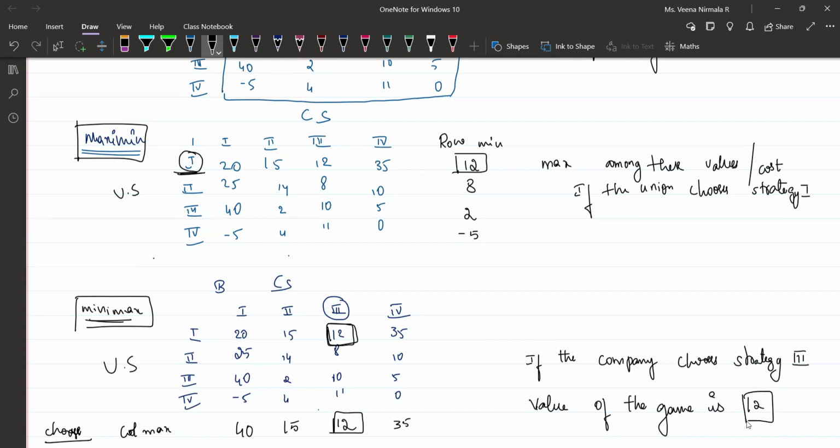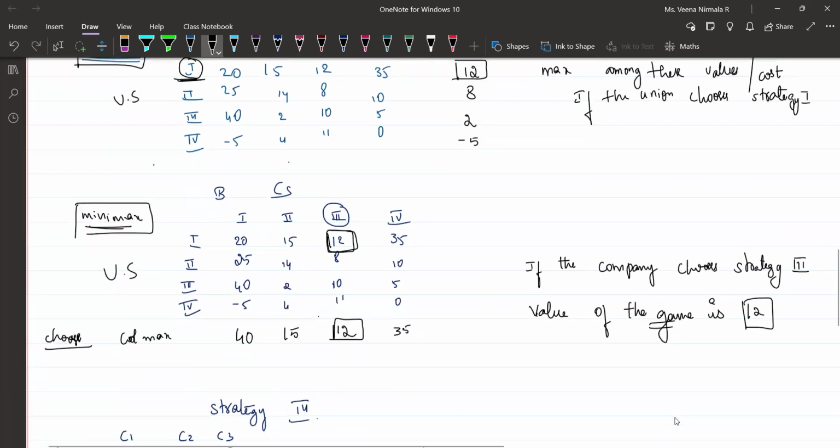The intersection point of the maximin criteria as well as the minimax criteria we call the value of the game. I repeat once again, the intersection point of the maximin criteria and the minimax criteria is nothing but the value of the game.